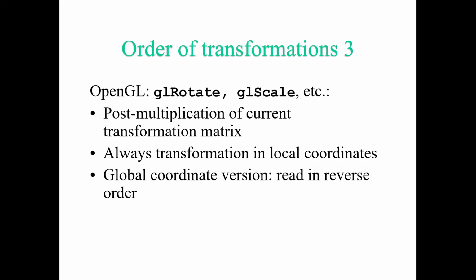If you want to use post-multiplication of any transformation matrix, you should use OpenGL primitives. If you want to rotate, you have to use glRotate. If you want to scale, you have to use glScale. If you want to translate, you have to use glTranslate in the same way. Here you always have to take your transformation in local coordinates. If you are taking global coordinates, then you have to use the reverse order.